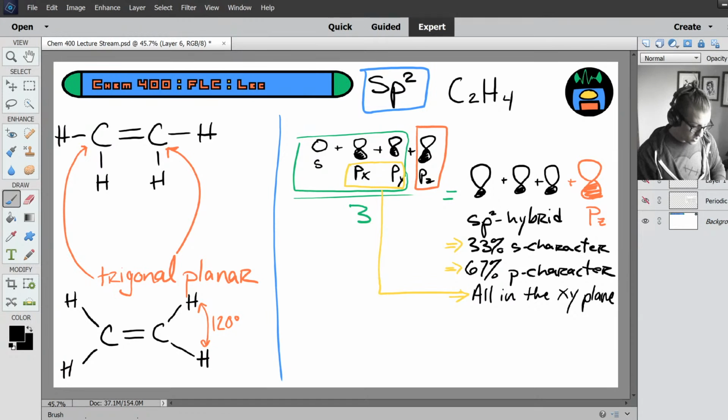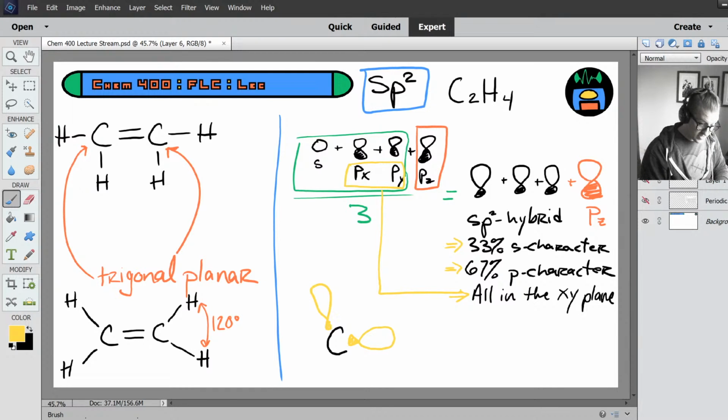If you were to draw a carbon atom, oops, did not mean for that to come out yellow. All of its sp2 hybrid orbitals would be within the same plane. So they're all contained in a flat 2-dimensional plane.